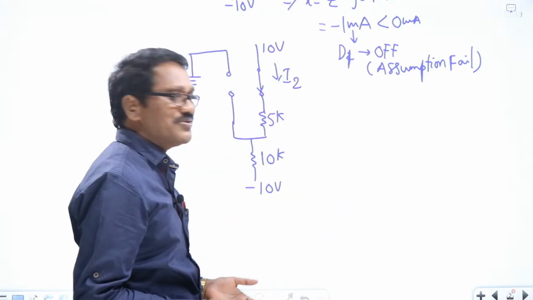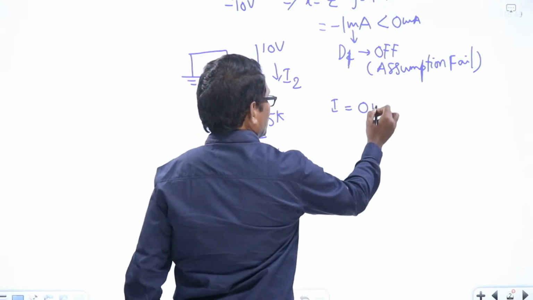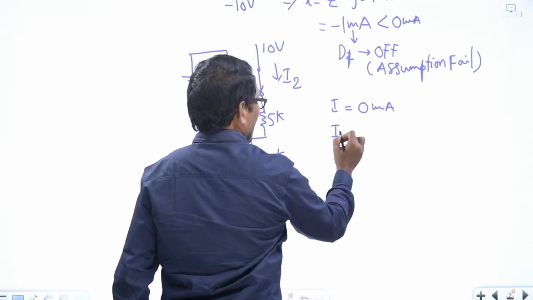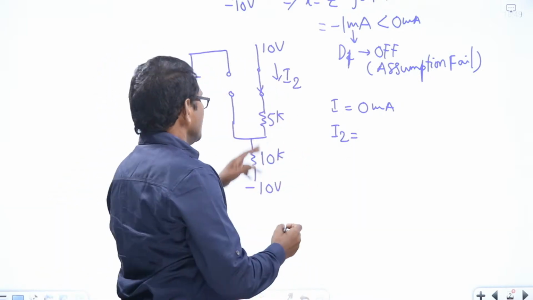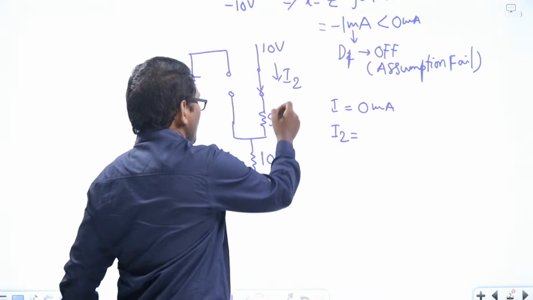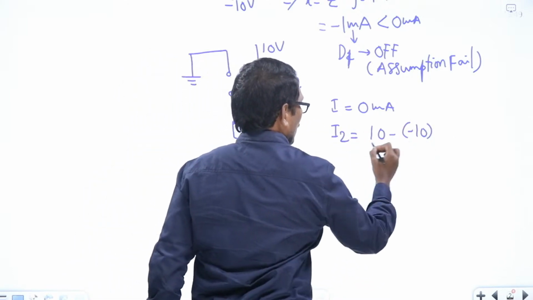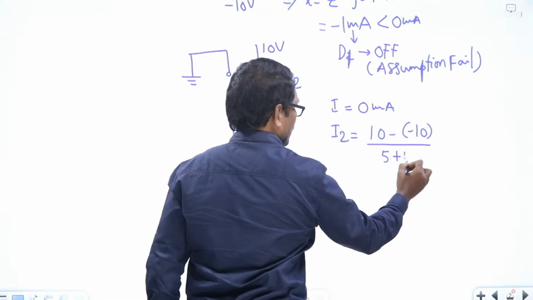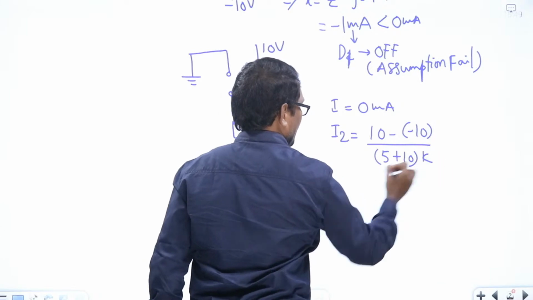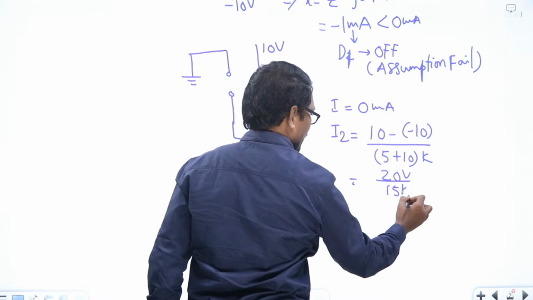Right? And hence you can say that I1 is equal to 0 milliamperes, and I2 is short circuit, on state. So now calculate. This way, 10 minus of minus 10 by 5 plus 10, 15K. That means 20 volts by 15K.